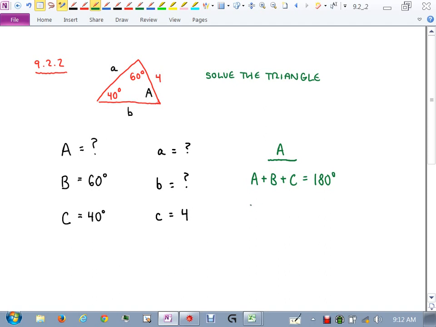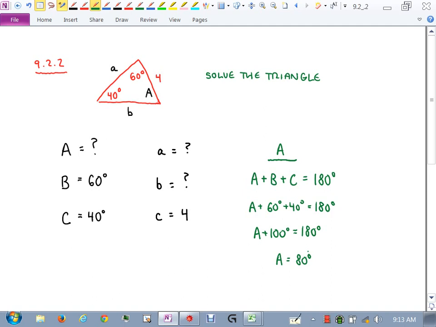And so I have A plus 60 plus 40 must be 180, which means A plus 100 degrees must be 180, which means A is 80 degrees by subtracting 100 on both sides, right? Now, you could have done that mentally. You don't need to necessarily write it down, but that's the systematic approach to it. Okay, so we now have all 3 angles. We need to get the other 2 sides, right?